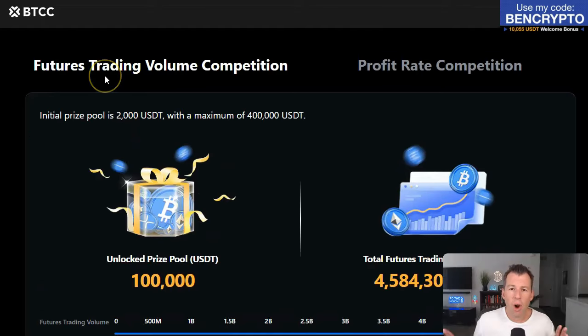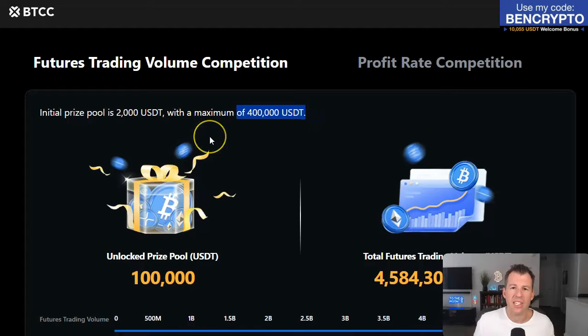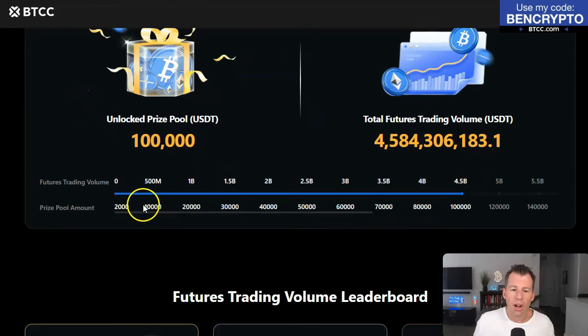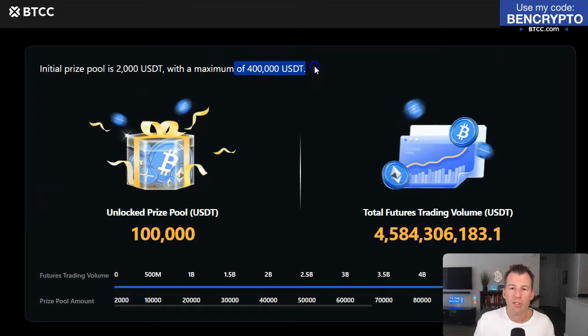Now, the futures trading volume part of the competition has, as mentioned, a max $400,000 USDT total prize pool, which gets unlocked in $10,000 increments according to the total trading volume of all the contestants. The more everyone trades as a whole, the more of the $400,000 we unlock for everyone. So it's kind of like a collaborative effort. Really cool.